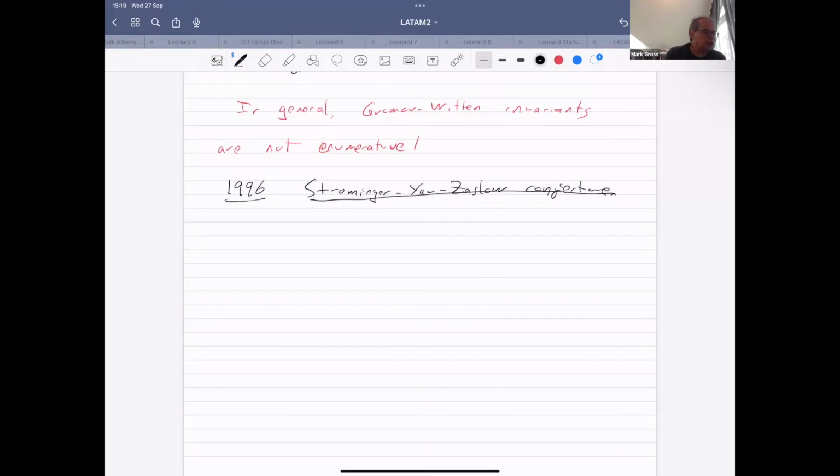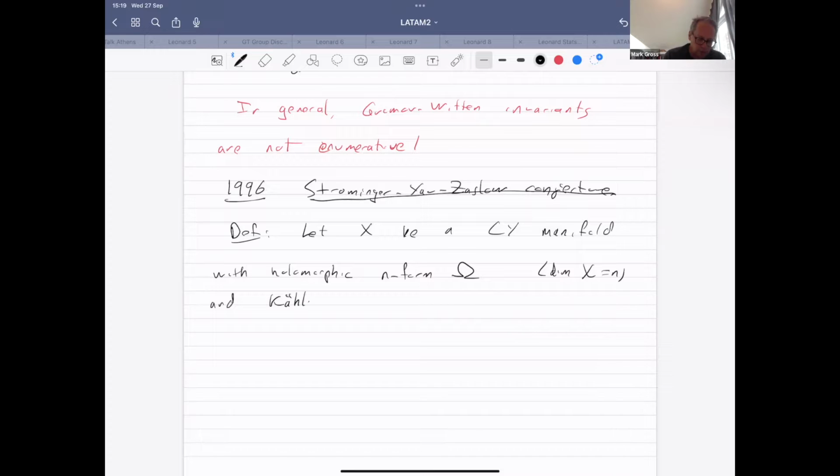So let me give a rough statement of the conjecture. Let X be a Calabi-Yau manifold with holomorphic n-form omega, so this is our top dimensional form, where dim X equals n, and Kähler form omega for a Ricci flat metric.